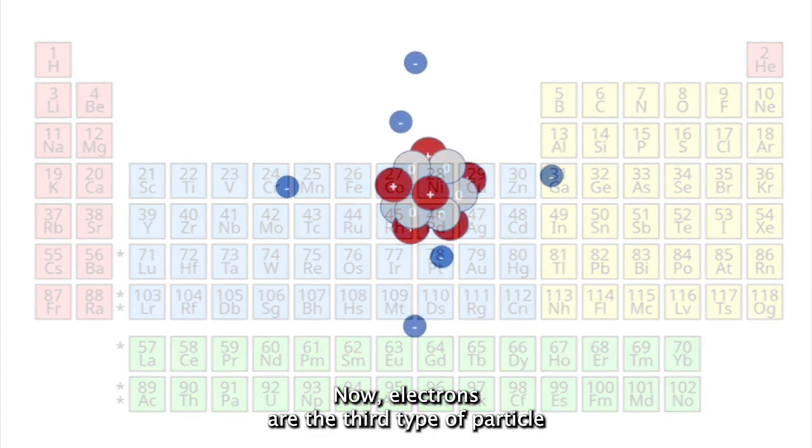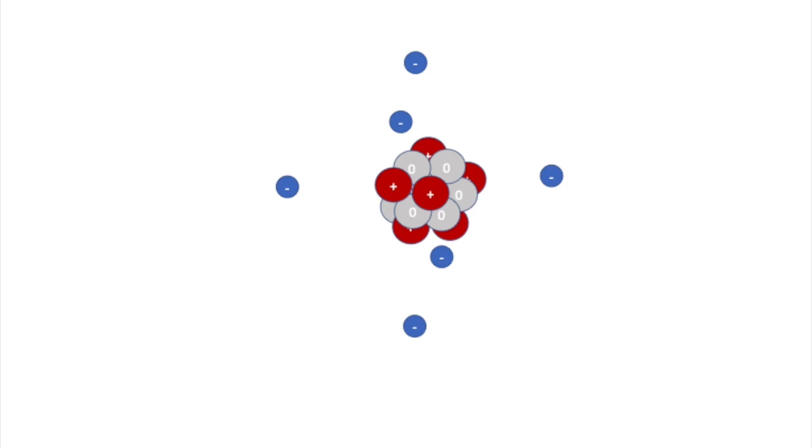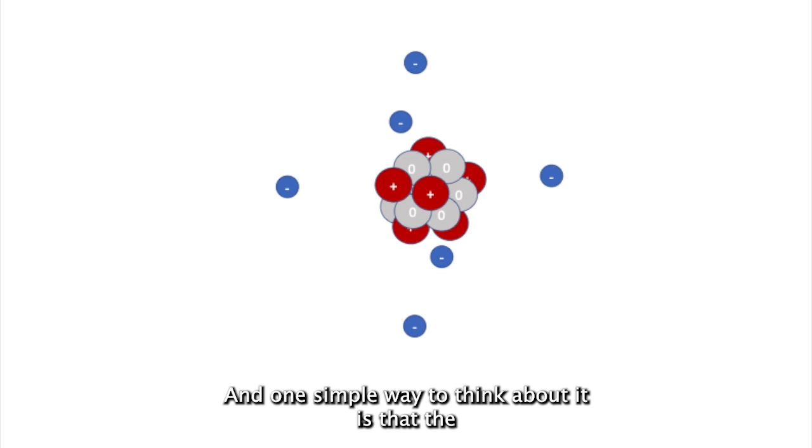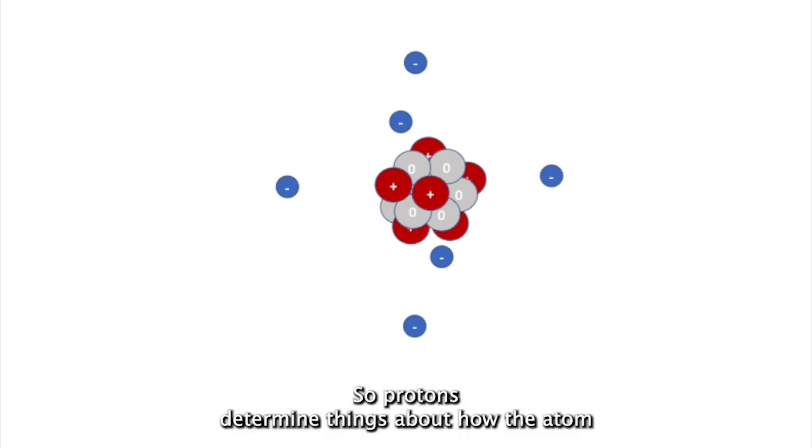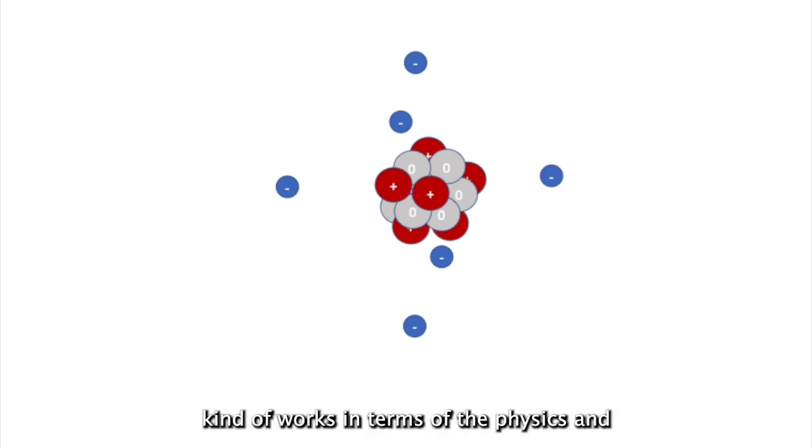Now, electrons are the third type of particle, and these are negatively charged. And one simple way to think about it is that the actual chemical properties of a given element largely derive from the number and arrangement of electrons in that atom. So protons determine things about how the atom kind of works in terms of the physics and things like radiation and all that stuff.